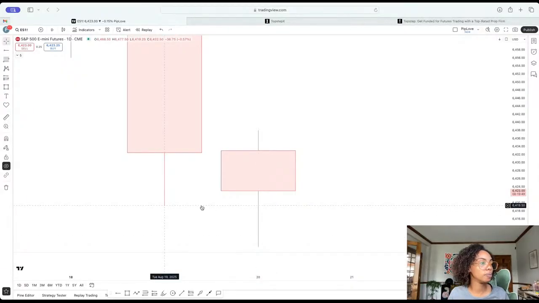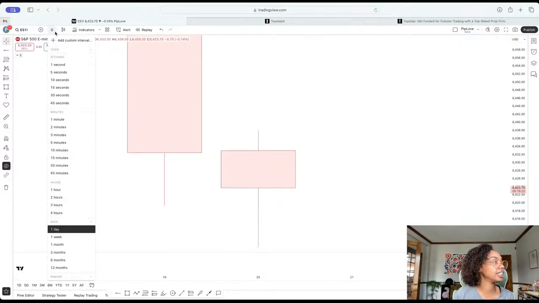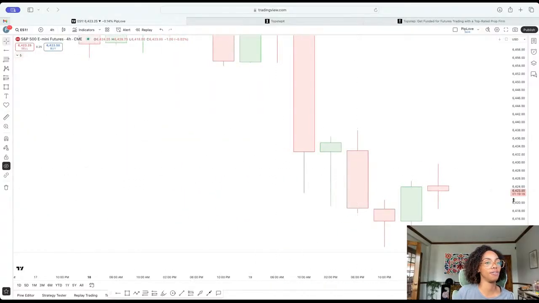So once price broke 64.20, which was our previous daily low, that would have been our indication that, hey, we're continuing to sell on the lower time frames. So you can use those highs and lows of the previous daily candle to give you an indication of trend and give you price points. So yeah, using the daily time frame, you just have to know exactly what you're using your time frame for and for what.